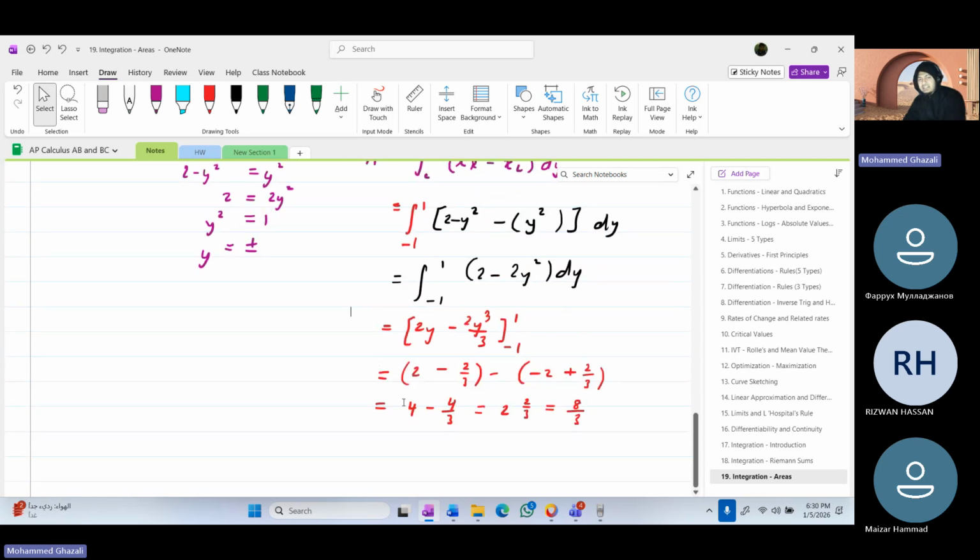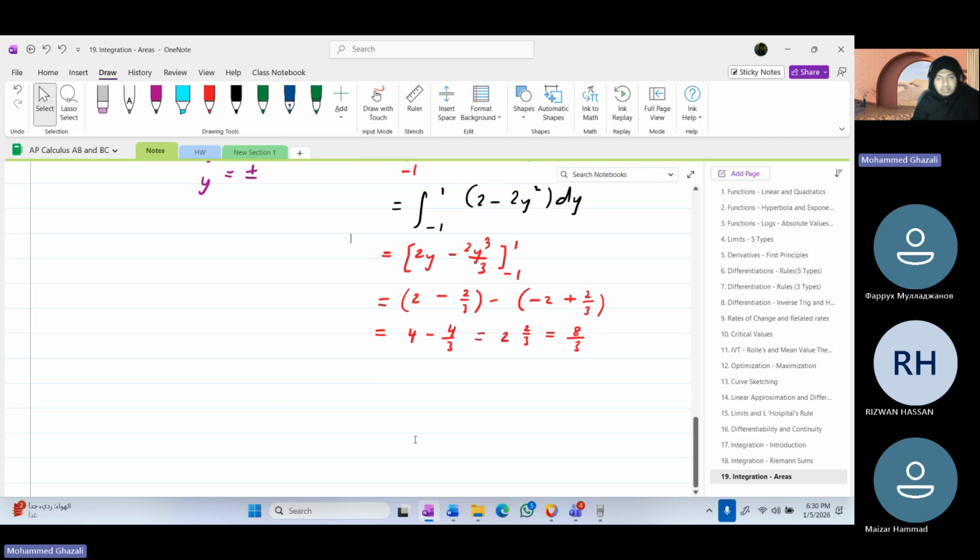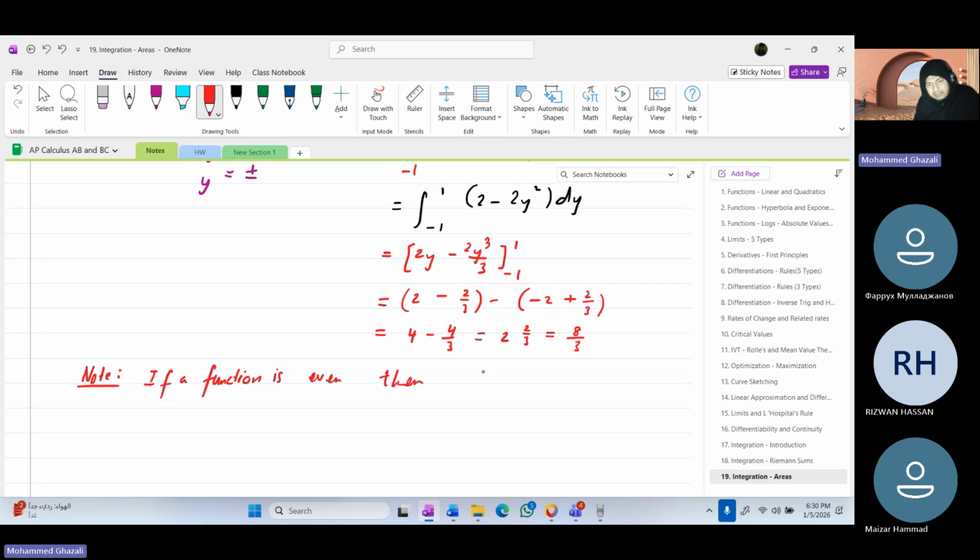Now, how do you know when something is symmetrical or not? See, you have a function. Note: if a function is even, then we know f of negative x is equal to f of x, right?